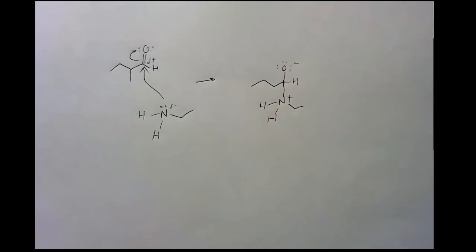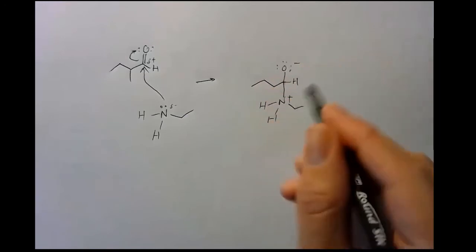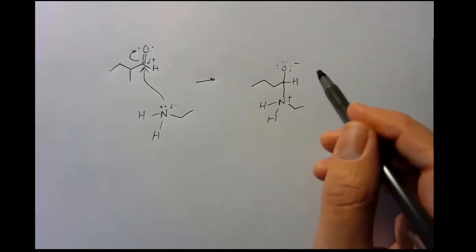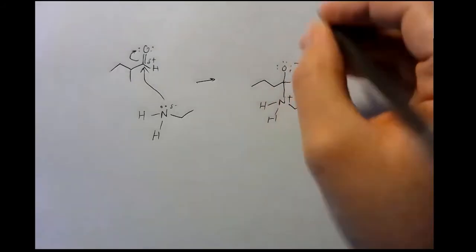So you get this tetrahedral intermediate where you have the nitrogen bonded, and you have the oxygen sp3 hybridized with a single bond to the carbon instead of the double bond. Now we have a series of proton transfers that will occur here.